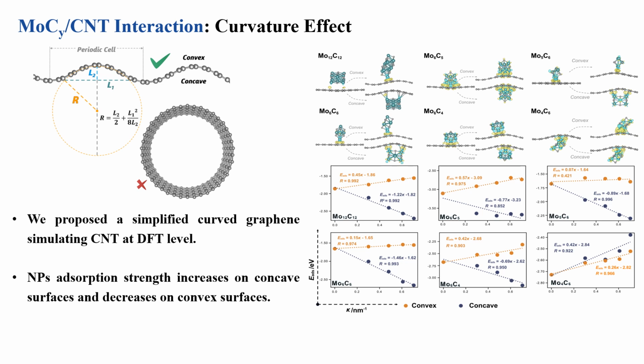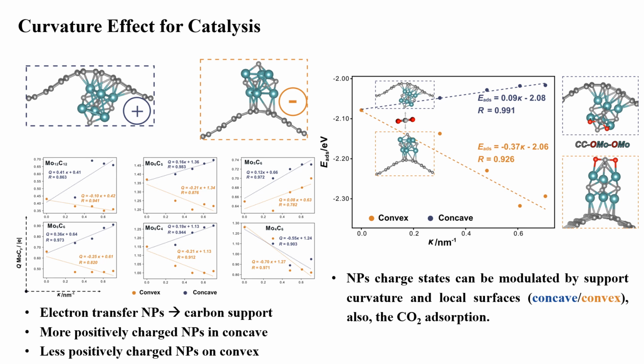And the adsorption strength is directly linked to the degree of the support curvature, which is very interesting. And furthermore, influenced by the interaction strength between the support and the nanoparticles, we find the charge state of the nanoparticle can also be modulated.